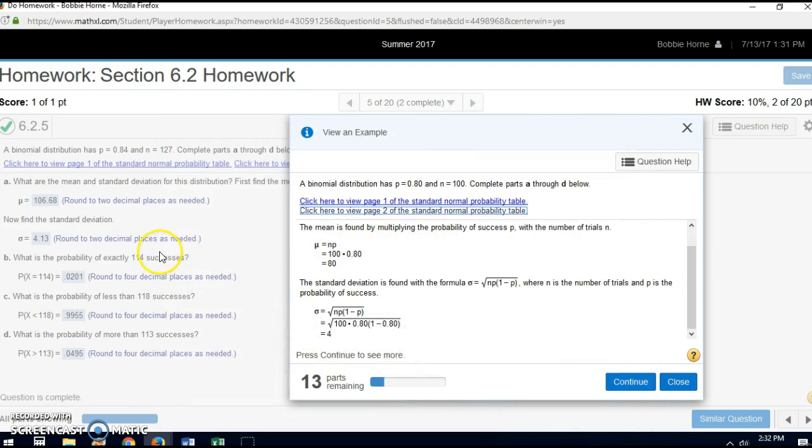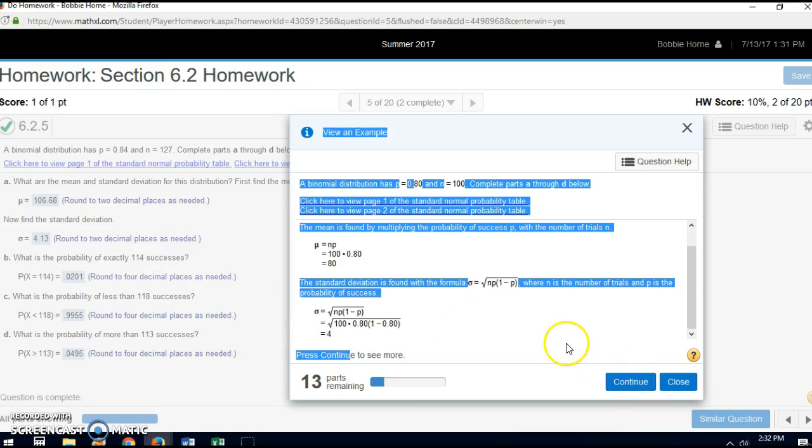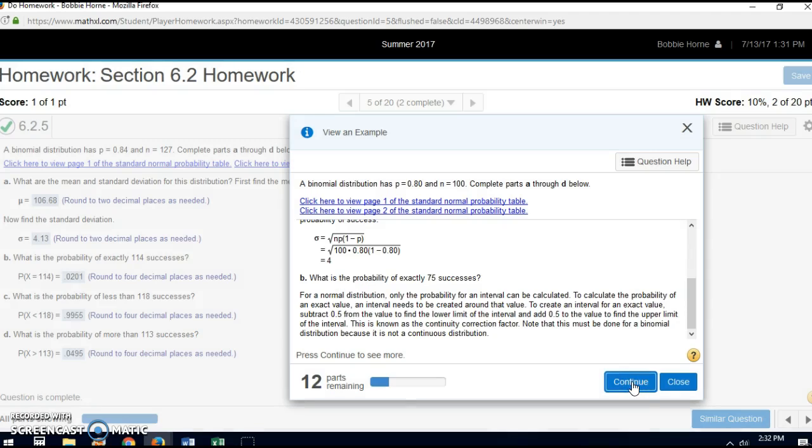We want to know the probability of exactly 114 successes. Okay, so you're going to use your formula for your z-score, but for a normal distribution, we want to calculate an exact probability. So if you want to know exactly 75 successes, you need to subtract 0.5 from that and add 0.5 for that.